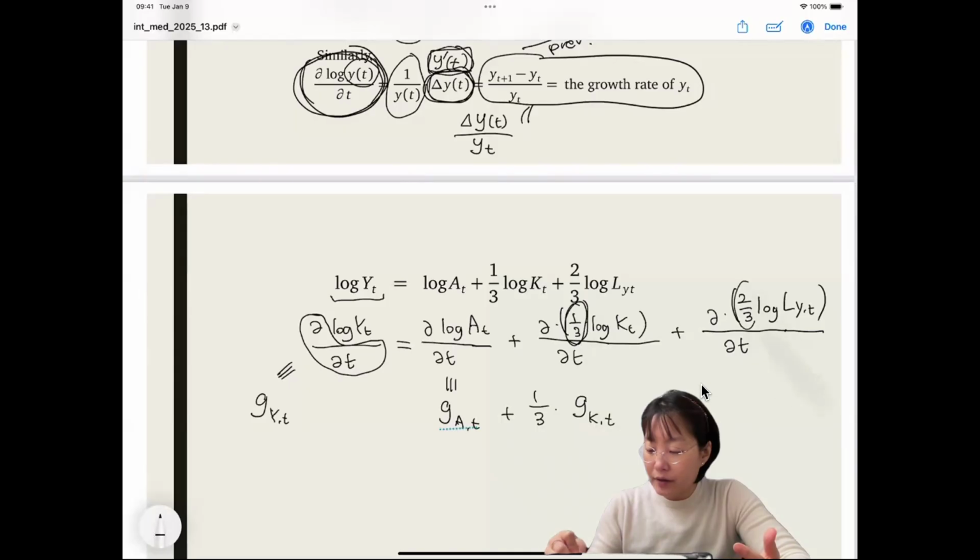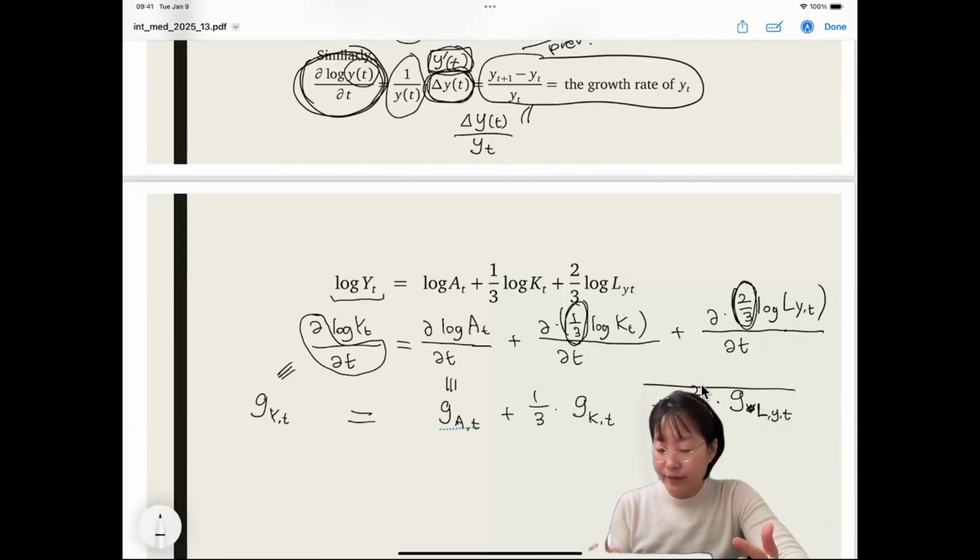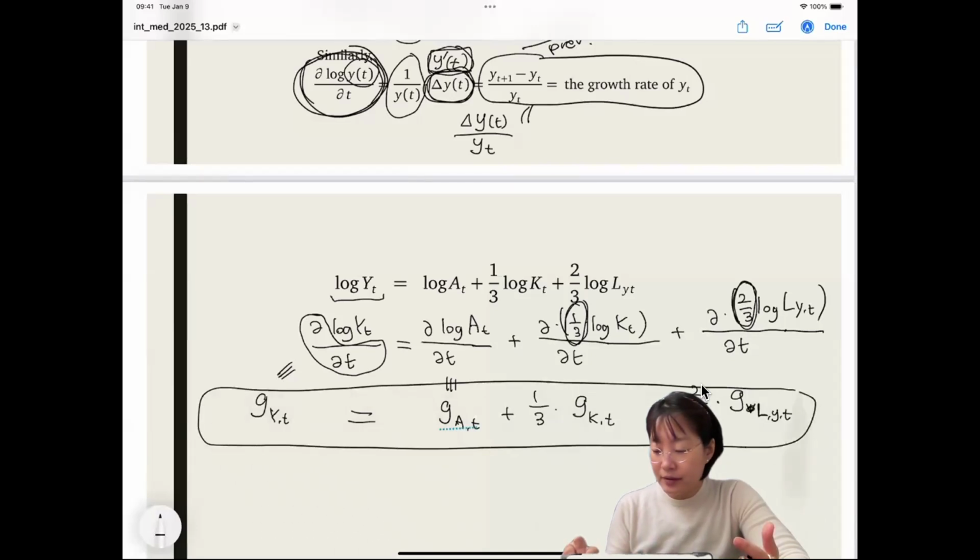And then again, put the constant out of this whole operator. So 2/3 times growth rate of L, so workers in the manufacturing sector. So we have this growth rate accounting, or decomposition of growth rate of output.